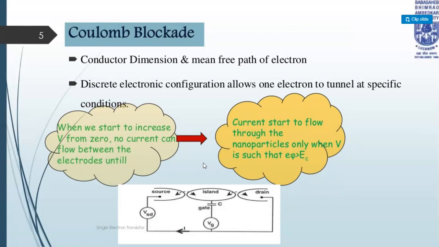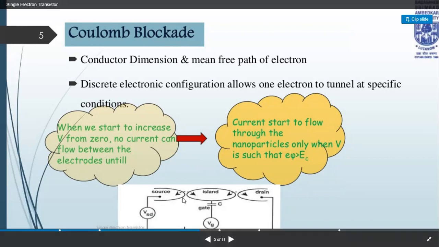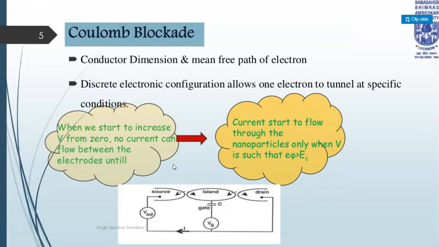In the block diagram of the SET, when we start to increase the voltage from zero, no current can flow between the electrodes until current starts to flow through the nanoparticle, only when V is less than E_C. This is the Coulomb blockade, in which one electron tunnels under a specific condition.